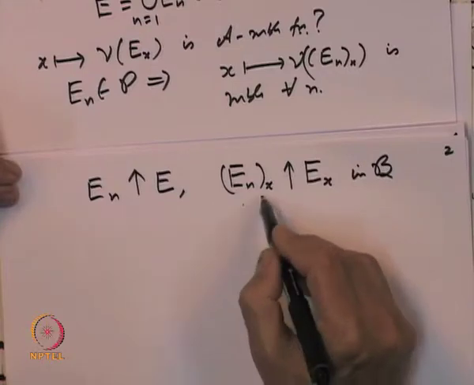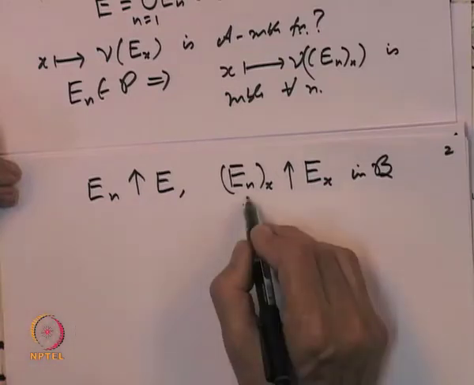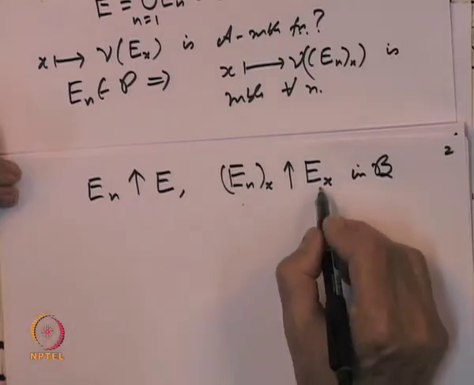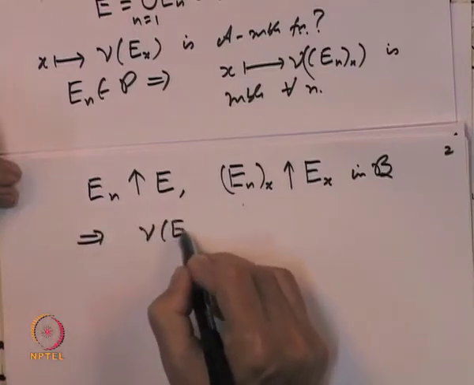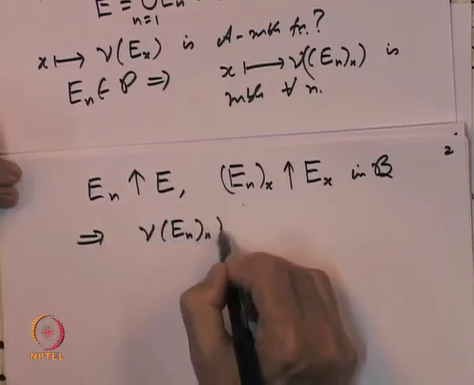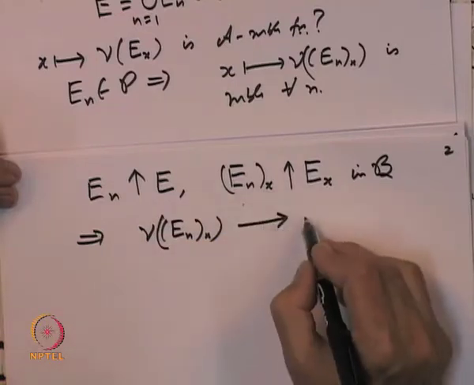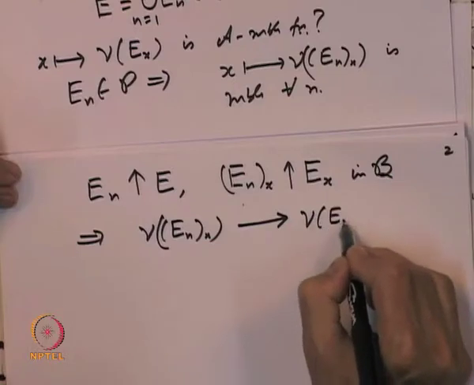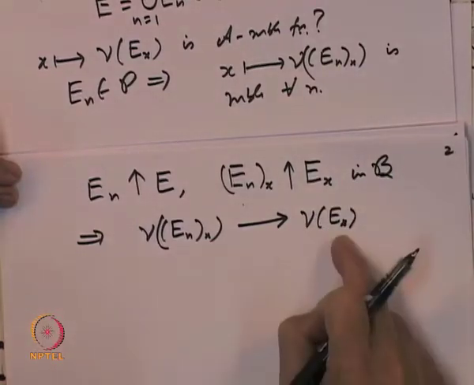Okay. So, E n x is increasing, and now you recall that nu being a measure, if a sequence of sets increases to another set, that implies that nu of E n x, the sections, will increase, will converge to nu of E x. So, that proves that nu of E n x increases.